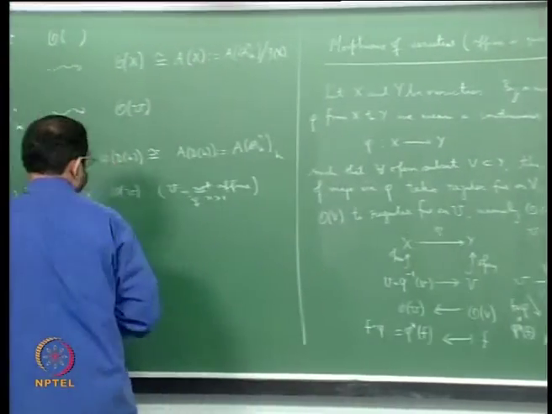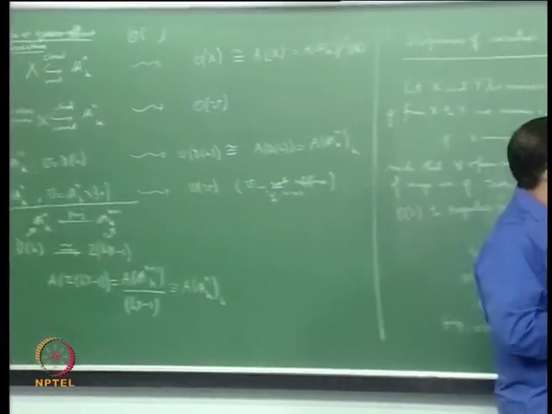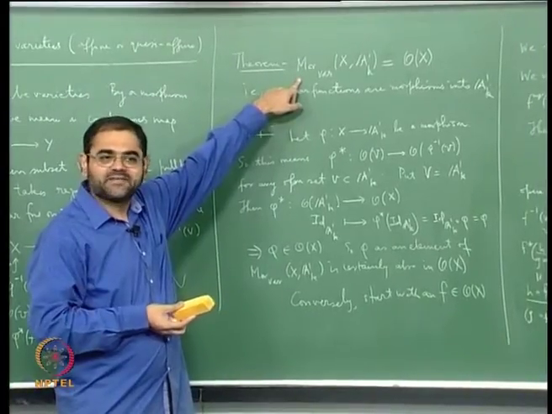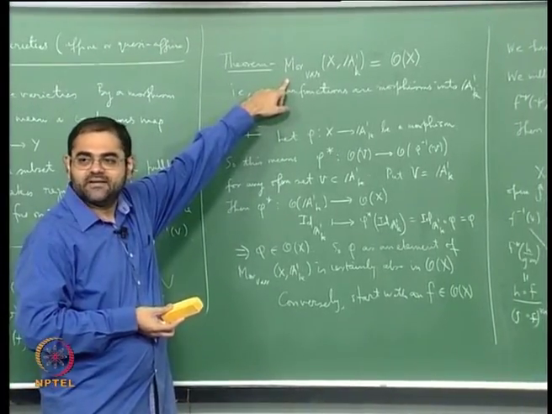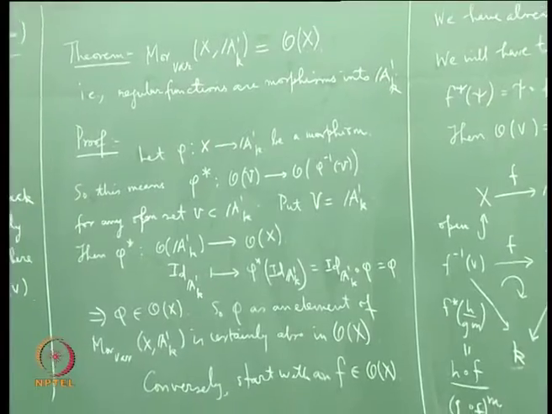But now what I am going to do is say that this statement here is still a special case of a very general statement, okay. So let me make that statement.